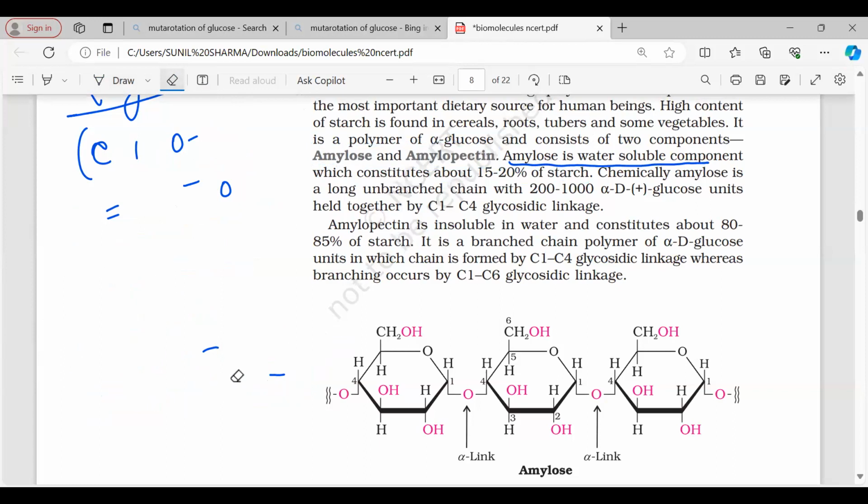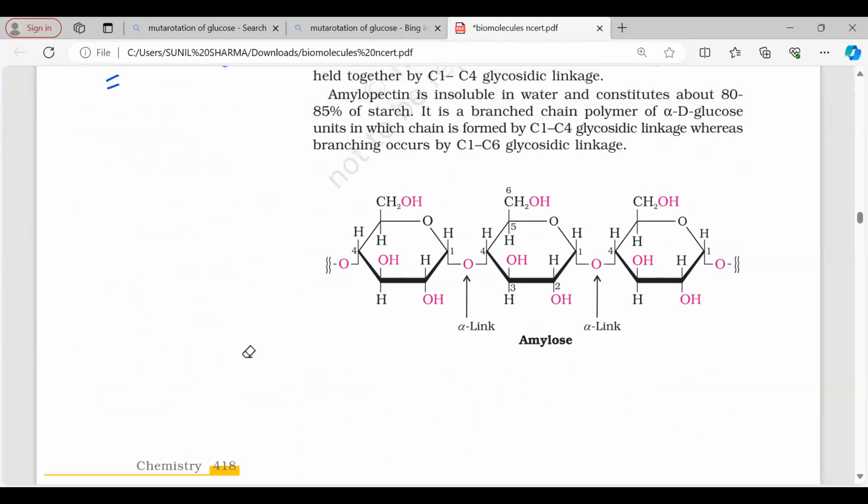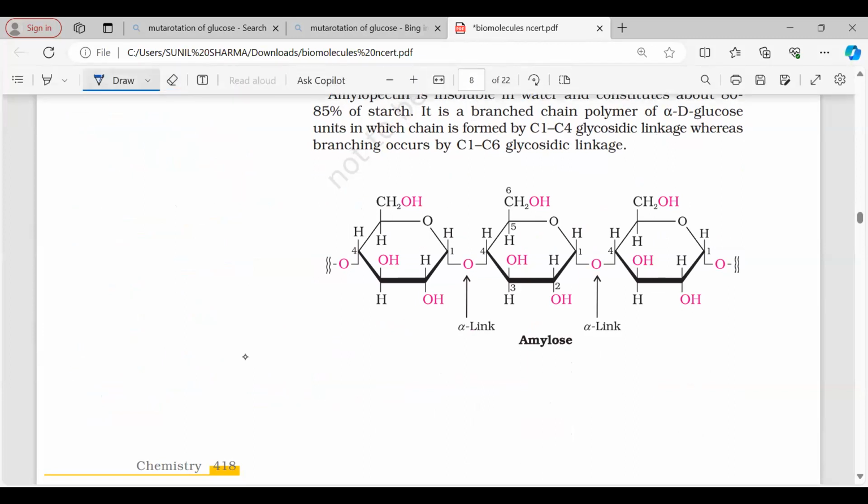अब आपका जो चाहे वो एमाइलोज है चाहे वो अमाइलोपेक्टिन है, ये एमाइलोज है. So amylose is a linear polymer of alpha D glucose. बस, so what four things should you know about amylose?